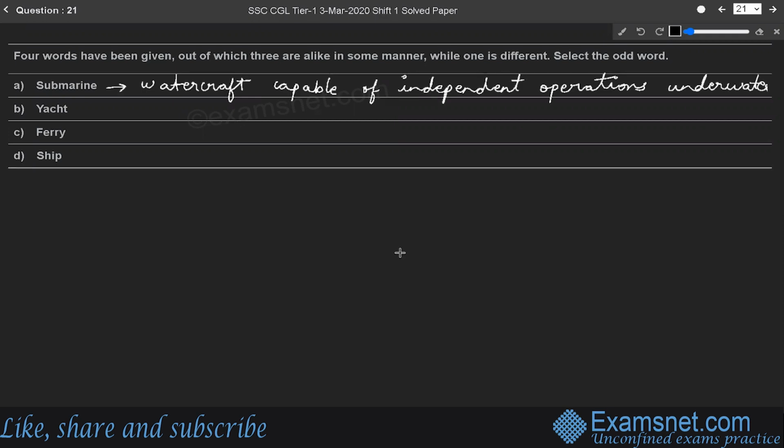Second option is yacht. A yacht is also a watercraft which is used for sports.